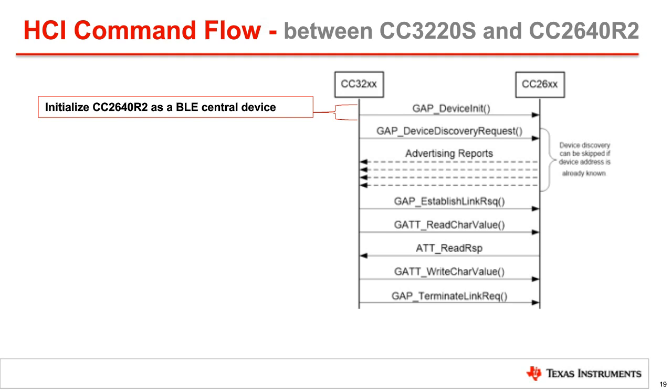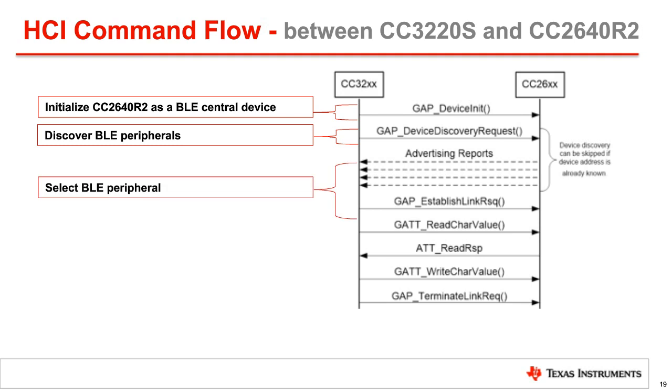Then, the device discovery request can be used to identify nearby peripherals. Next, the CC3220 can select the BLE peripheral it wants to connect to using the received advertising reports, which contain addresses of nearby BLE peripherals. With the address of the BLE peripheral, the establish link request command can be used to establish the connection.